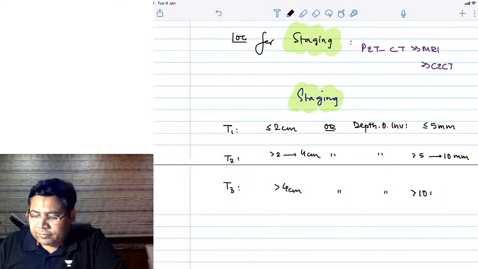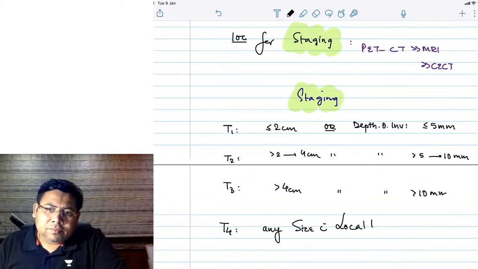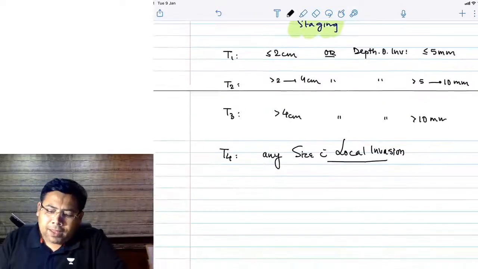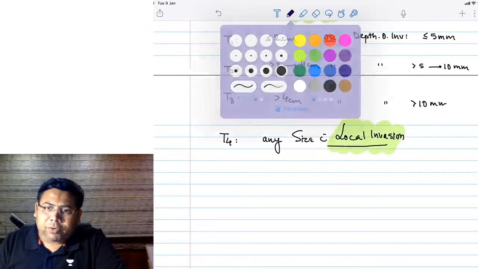Excellent, excellent Venkat. What is T4? It is any size with local invasion. When you talk about local invasion, what are the 2-3 important points that we have?